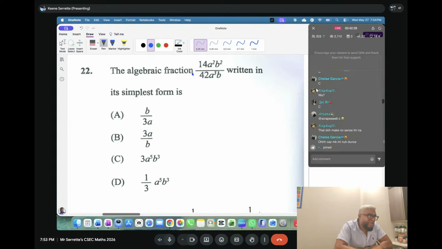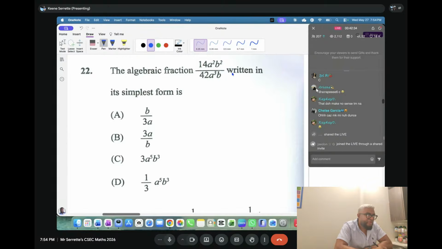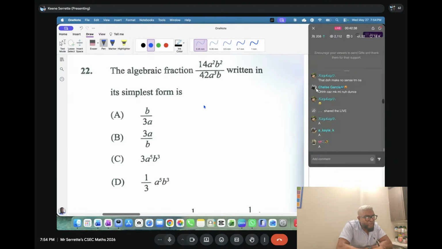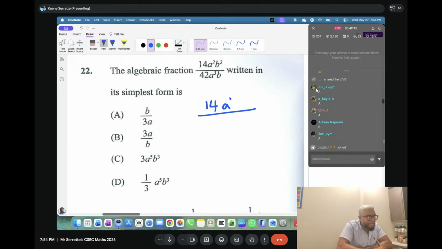The algebraic fraction 14a squared b squared over 42a cubed b, written in its simplest form, right? So what are we simplifying here first?